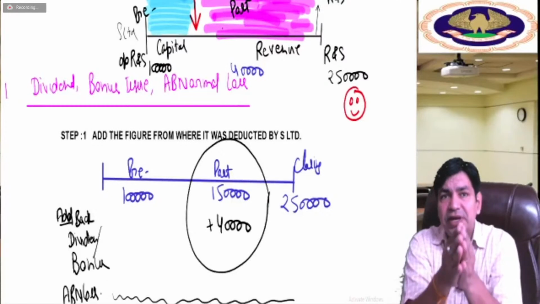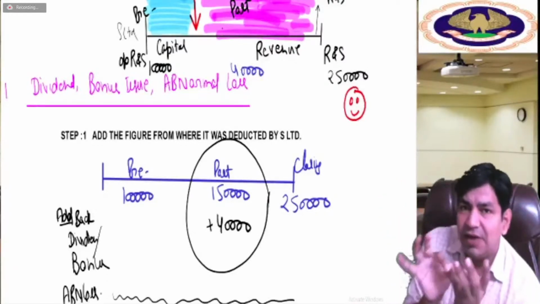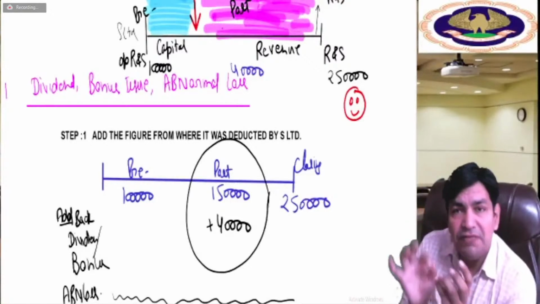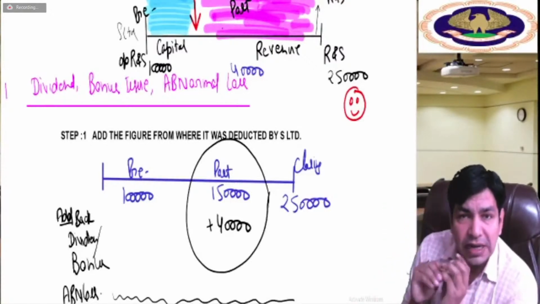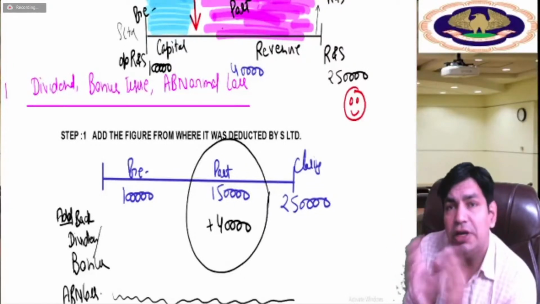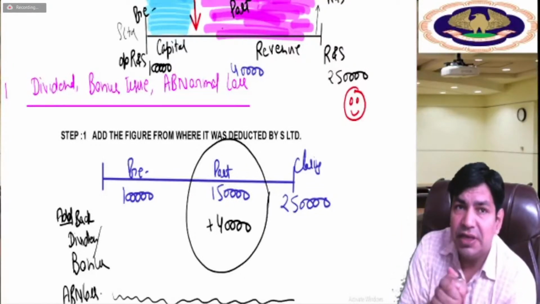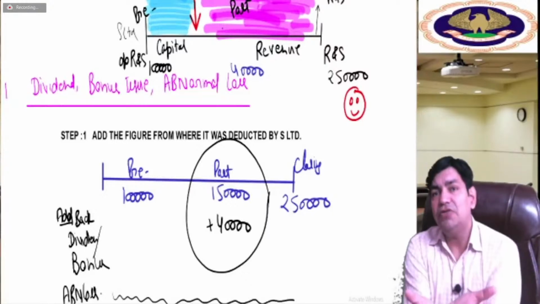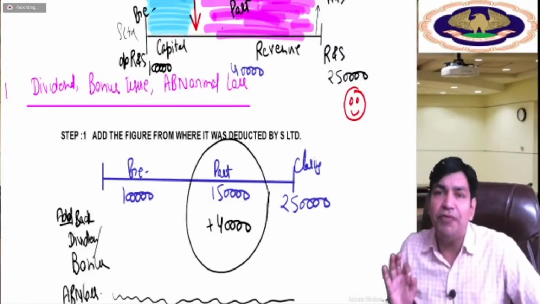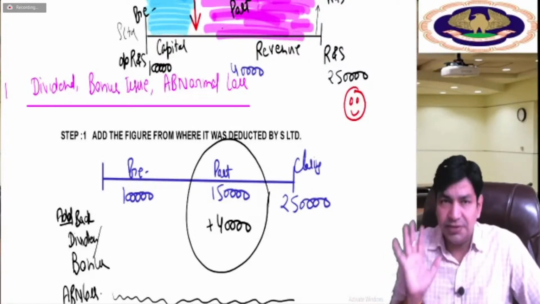The first step is to unaffect whether it was a bonus adjustment in the profit and loss of the subsidiary company, whether it was an abnormal loss adjustment, or whether it was a dividend adjustment in the financial statement of the subsidiary company. First, the holding company will find out the profit before such effect.